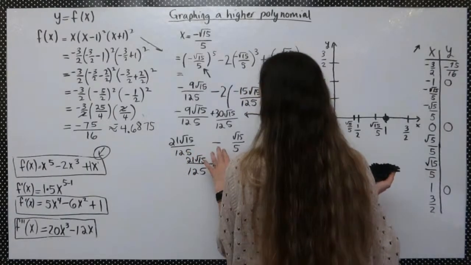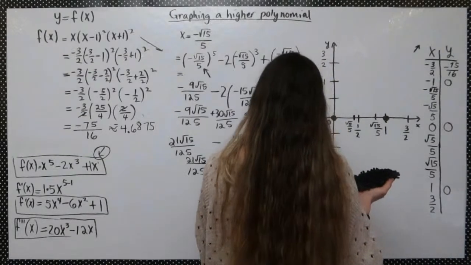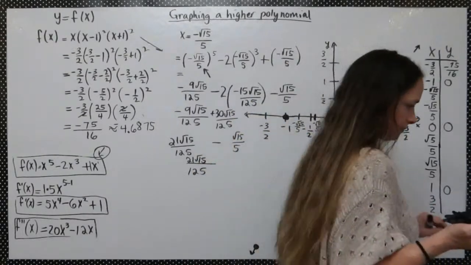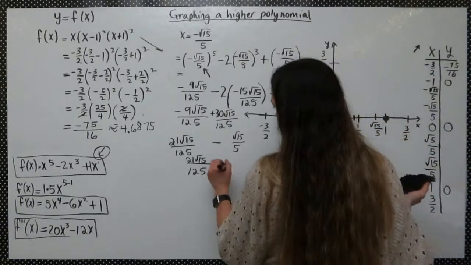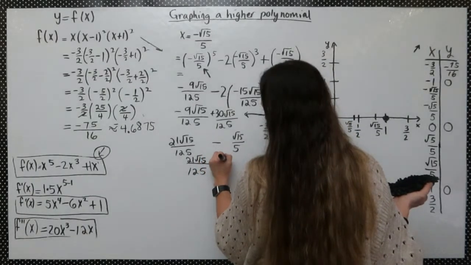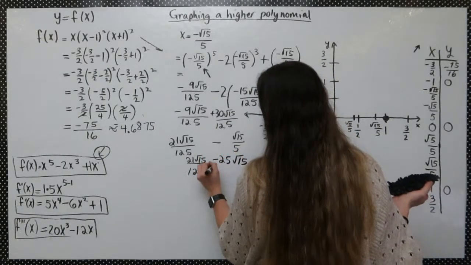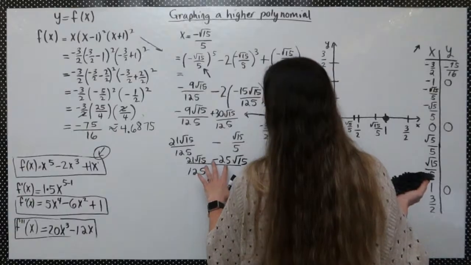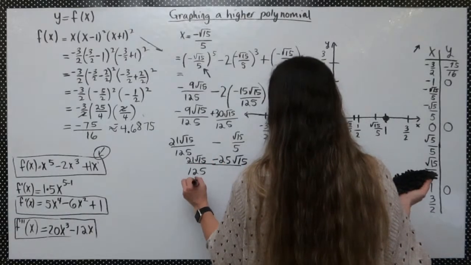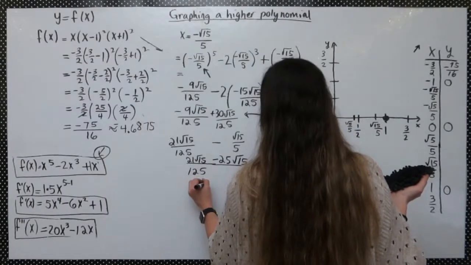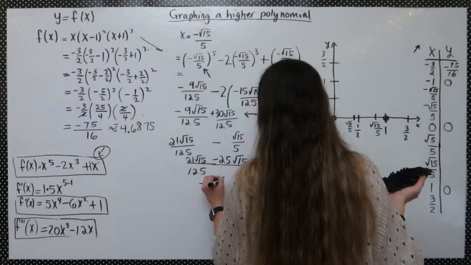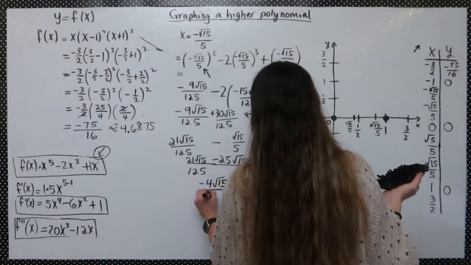And then it looks like 5. Is that 15? 25 times... So 25 minus 21, that is negative 4 radical 15 over 125.